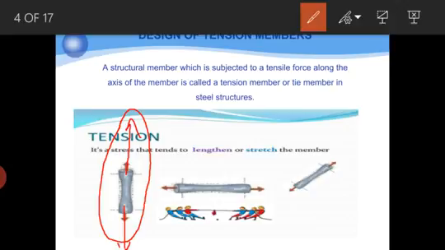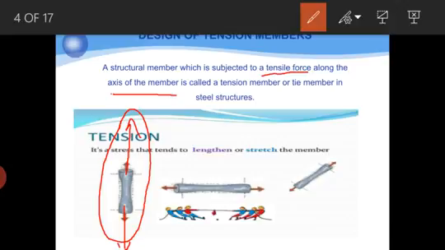Here it is given as a structural member which is subjected to tensile force along the axis of the member is called a tension member or tie member in steel structures. Here some examples or pictures are shown.